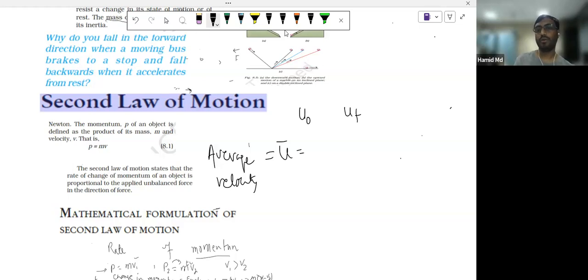If we have to find the average of numbers, say 2 and 3, how will you find the arithmetic average? What will be the average of 2 and 3?